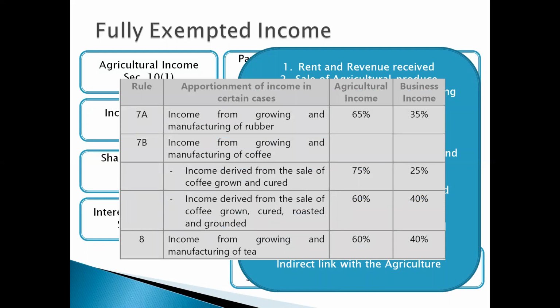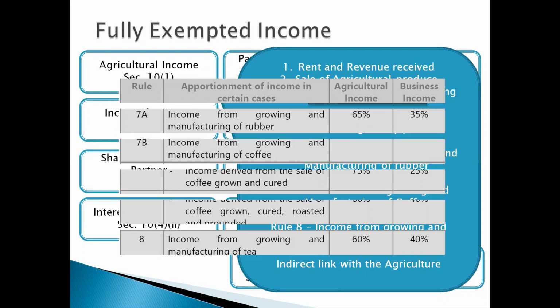For example, if the person is into income from growing and manufacturing of rubber, then 65% of his total income will be treated as agricultural income. That is, it will be added to his total income only for the purpose of taxation, to find out which slab they fall in, and there will be a rebate available for this portion of income. Whereas 35% of such income will be treated as business income.